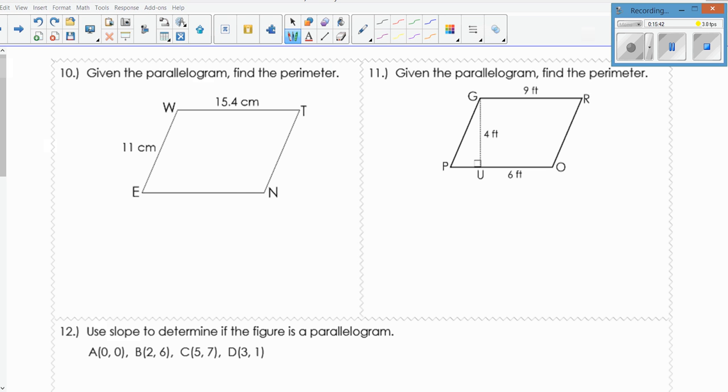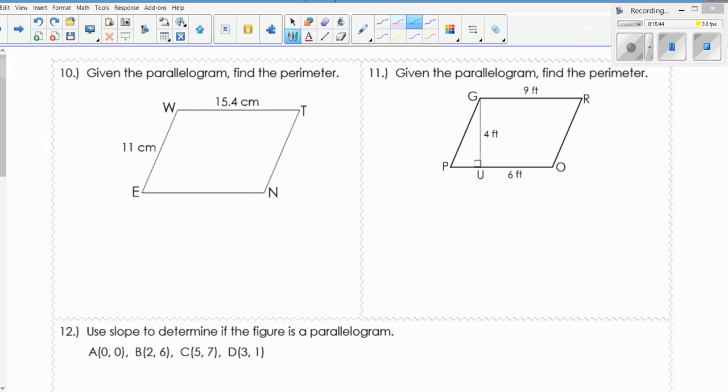Okay. Number 10. Using the properties of a parallelogram, we're told that this figure is a parallelogram. We want to find the perimeter. Okay, remember, perimeter is the distance around the figure. So I need to figure out how far it is to go from E to W to T to N back to E. So opposite sides are congruent, so this side's 11. Opposite sides are congruent, so this side's 15.4.